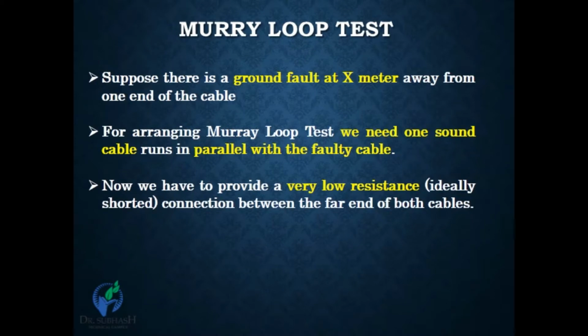First, we require one sound cable which is connected in parallel to this faulty cable. Second, we require a very low resistance which is connected between the two ends of the cable. After that, we start the test.